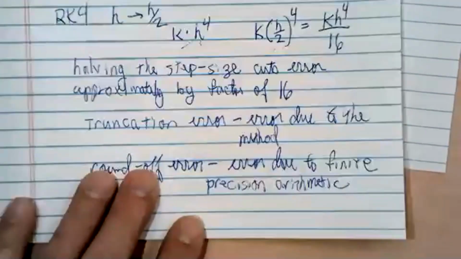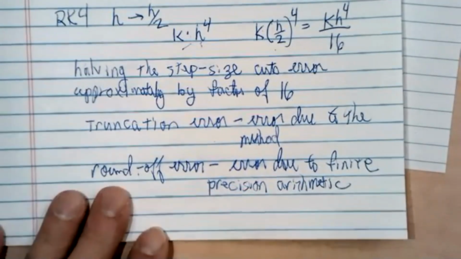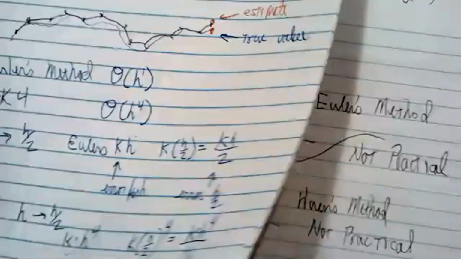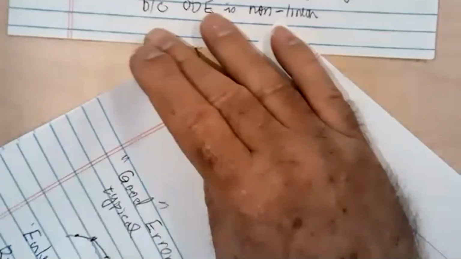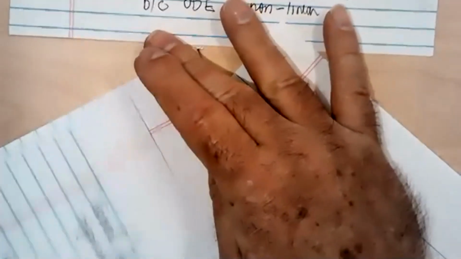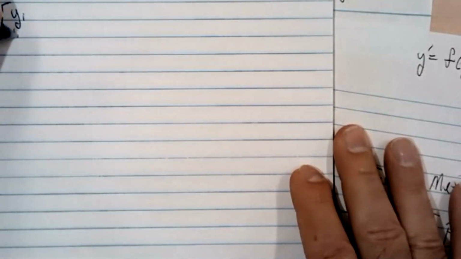Now, what solutions look like in practice is this. Remember, if we were solving a second order system, we've converted this to a pair of first order equations. So you're trying to solve for a vector function, y1, y2.